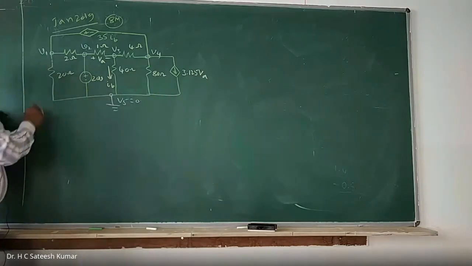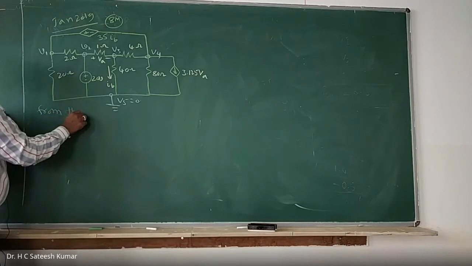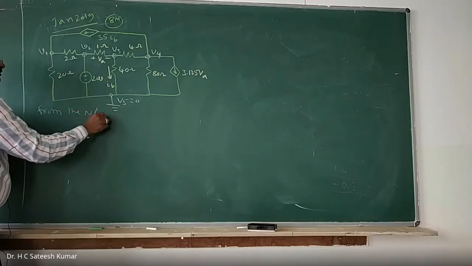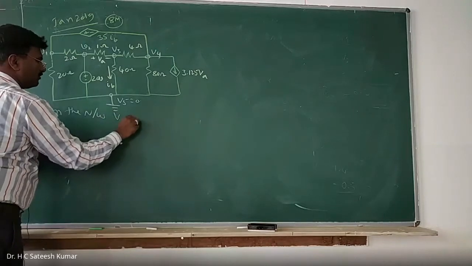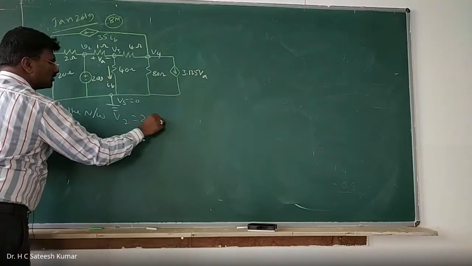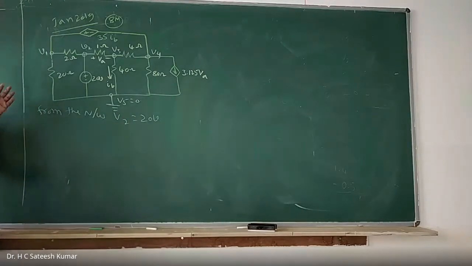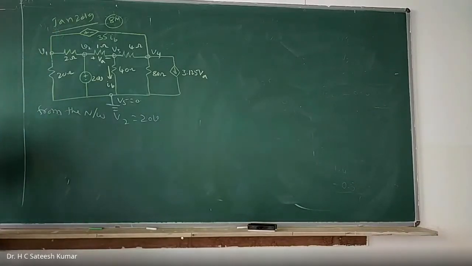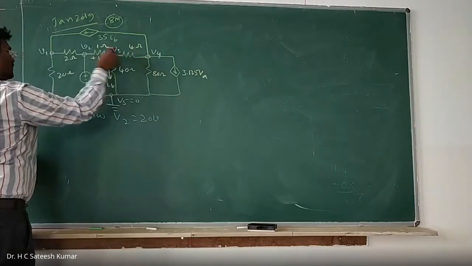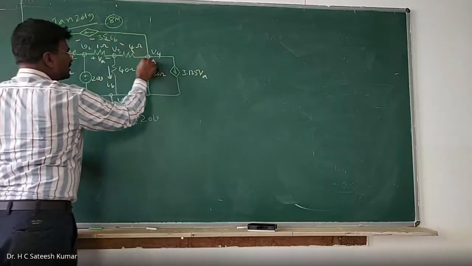Now, from the network we have V2 is equal to 20 volts. Eliminating V2, we can solve for V1, V3, V4. There is a super node concept here, because there is a voltage source between 2 principal nodes.